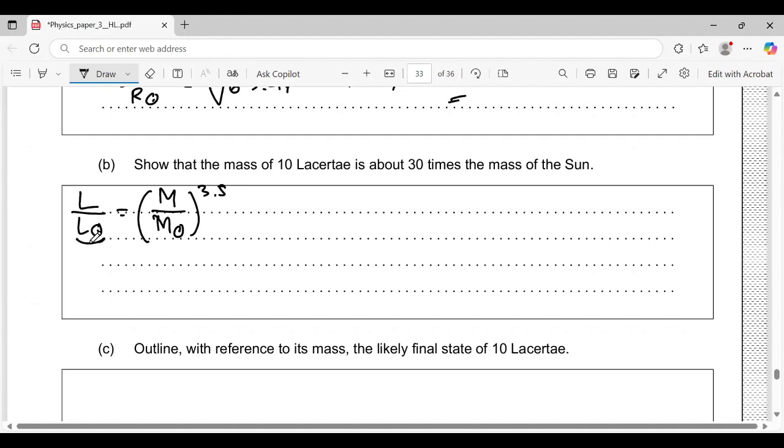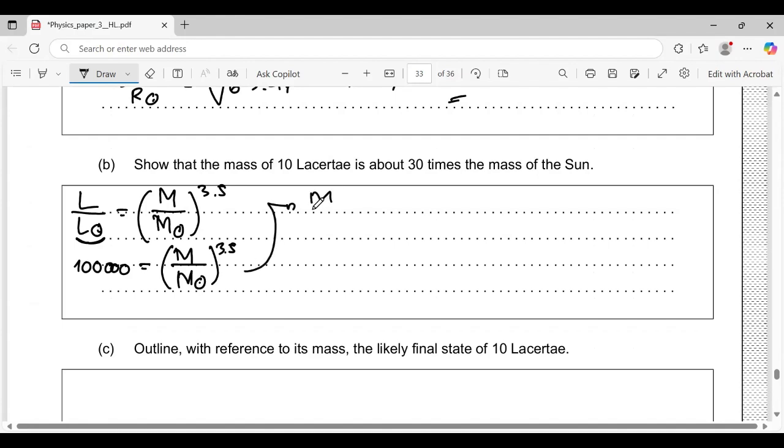So this is 100,000 equals M over M of the sun to the power 3.5.